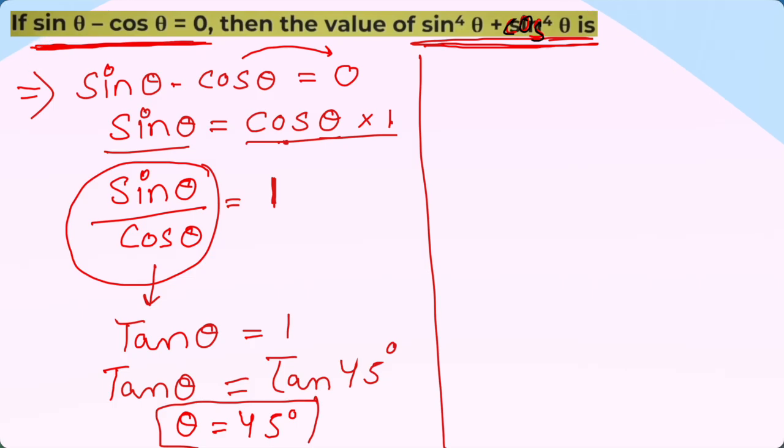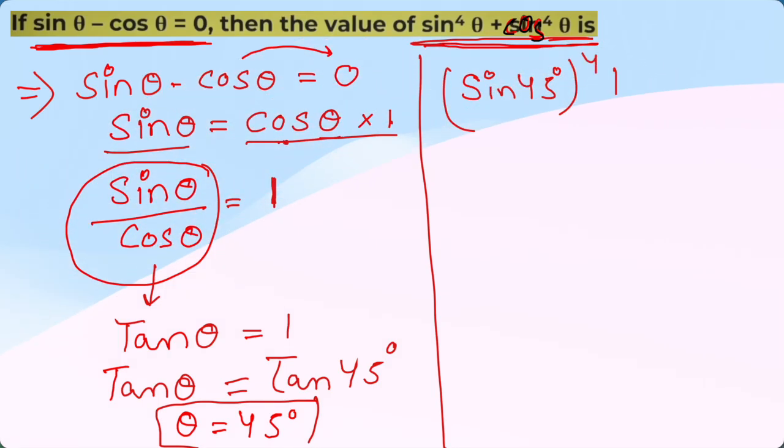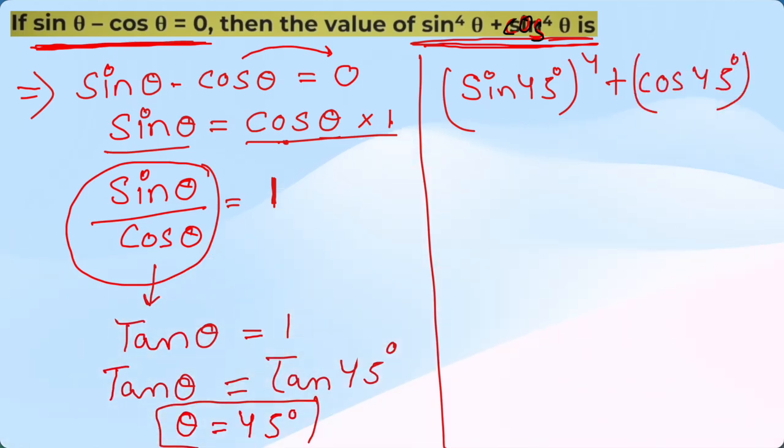So sine 4 theta, I can write it as sine 45 degree to the power 4 plus cos 45 degree to the power 4, because they are asking me sine 4 theta and cos 4 theta, and theta is 45, right?